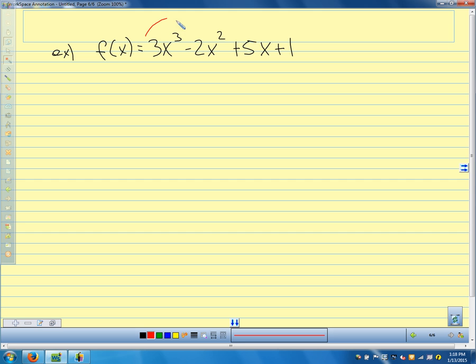So sign change there. Sign change there. No other sign changes. And let me change this. I want this to be a negative 1. So there's a sign change. So we have 3 sign changes. So we have 3 or 1 positive real zero.